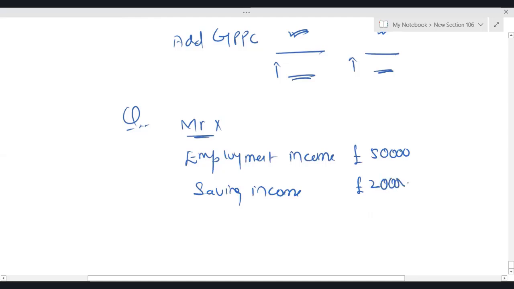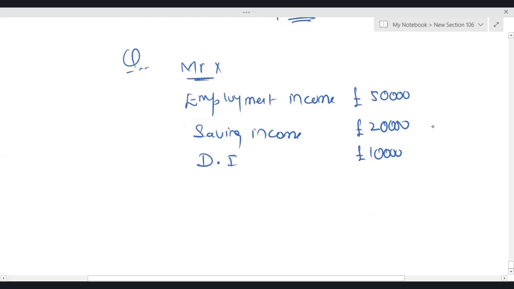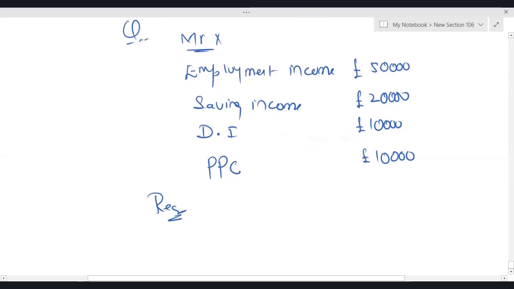Saving income is 20,000. Dividend income is 10,000. Personal pension contribution is 10,000. We have already decided that if nothing is mentioned, then the given personal pension contribution is 80%. You have to gross it up.